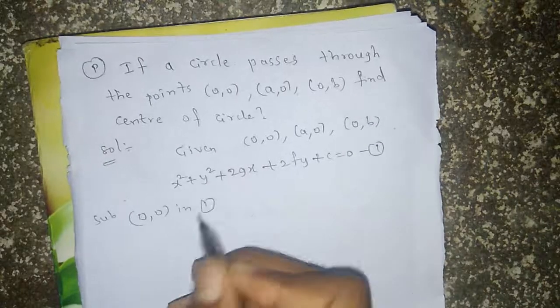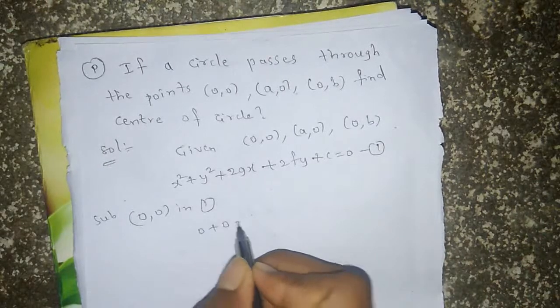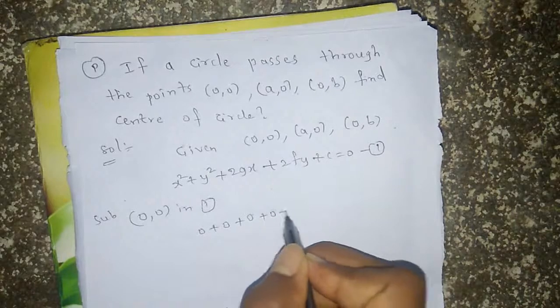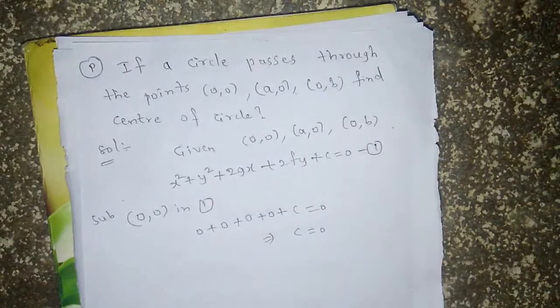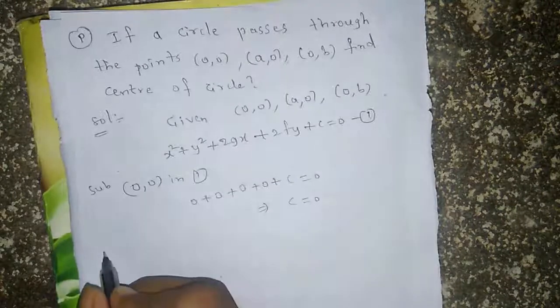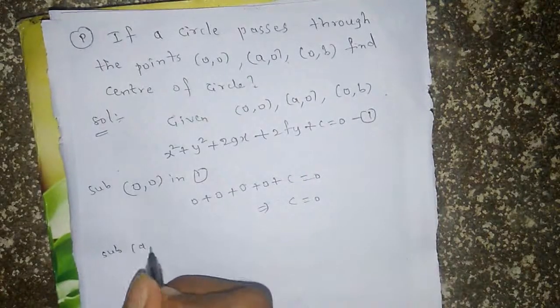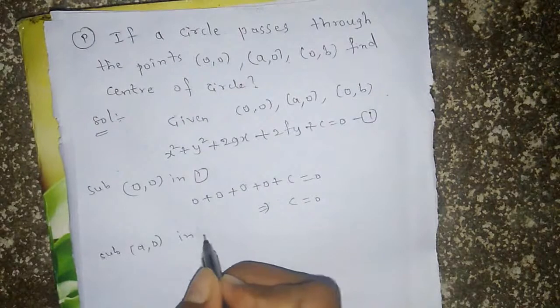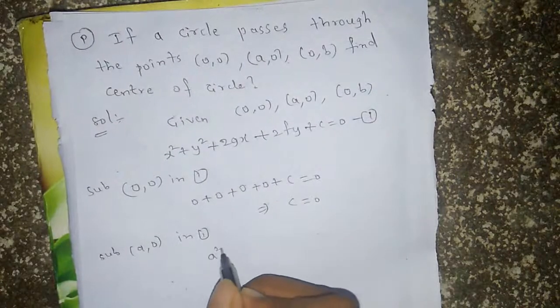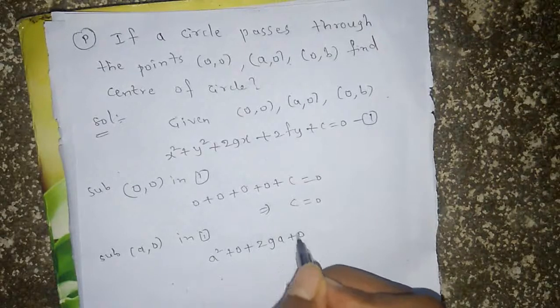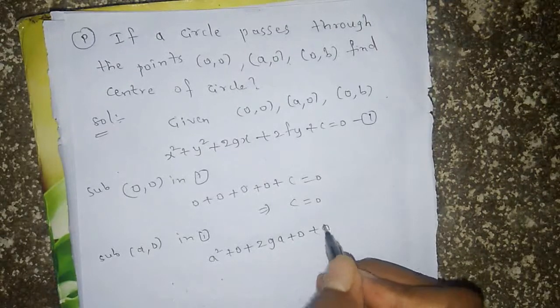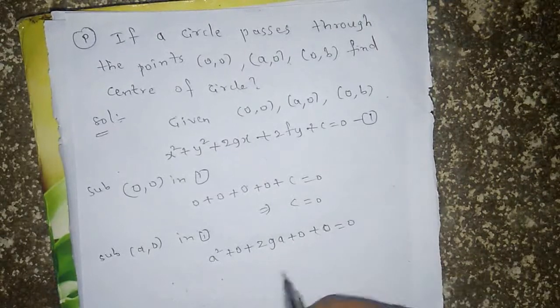Sub 0, 0 in equation 1 implies 0 plus 0 plus 0 plus 0 plus c is equal to 0, implies c is equal to 0. Next sub a, 0 in 1 implies a square plus 0 plus 2ga plus 0 plus c is already 0 plus 0 is equal to 0.